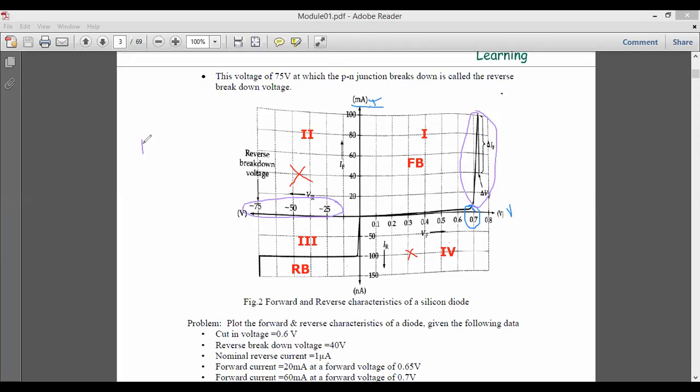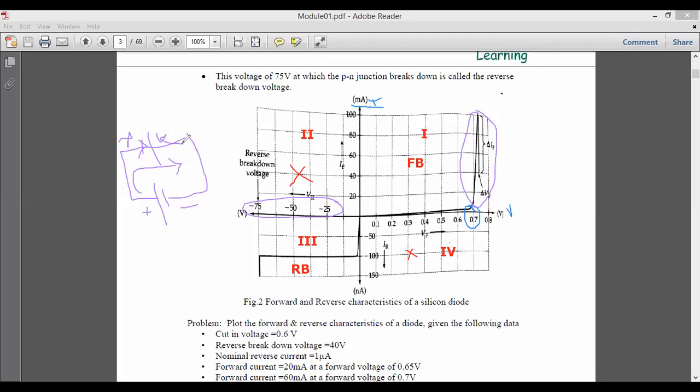When you take a diode, you apply the positive voltage, not the negative voltage. The positive voltage is applied to the anode and the negative voltage is applied to the cathode. If you apply positive to the anode and negative to the cathode, the flow of charges will be in this particular direction.